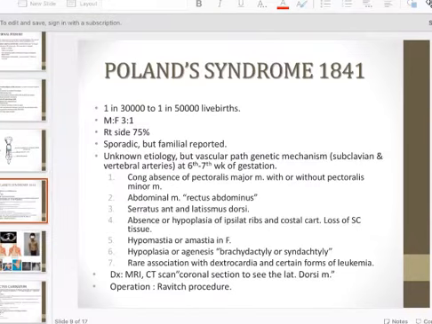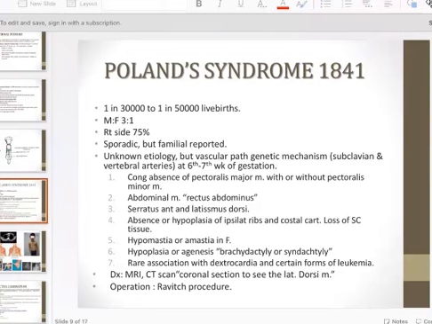Poland syndrome, described in 1841, affects 1 in 30,000 to 1 in 50,000 live births. It affects males more than females, 3 to 1. It affects the right side more than the left side, about 75%.